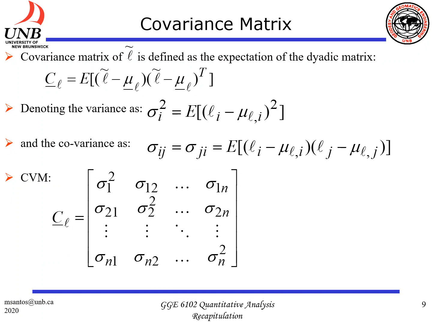We discussed the multivariate random sample, multivariate random variance. The covariance matrix is going to deal with the variances. So by definition, we can say that the covariance matrix is the expectation of the so-called dyadic product.